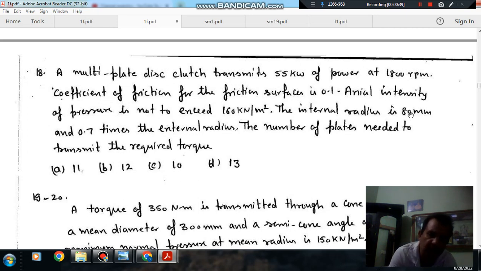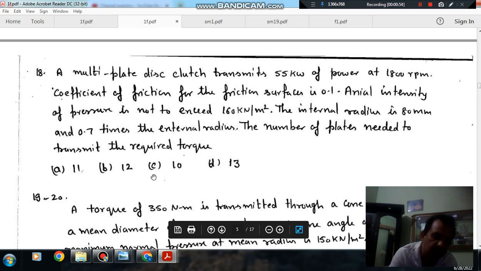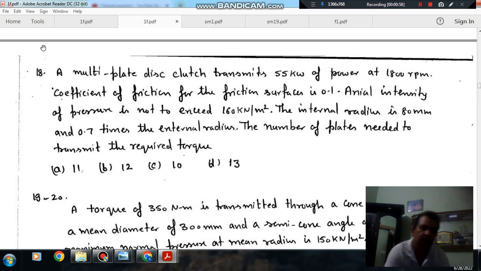The internal radius is 80 mm and 0.7 times the external radius. The number of plates needed to transmit the required torque: option A 11, option B 12, option C 10, option D 13.